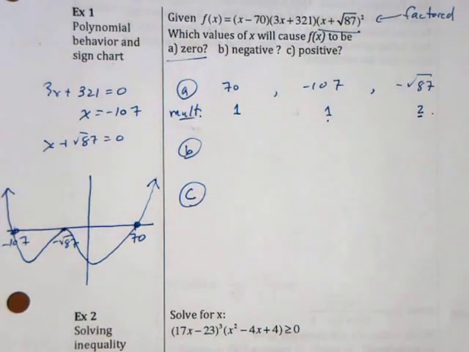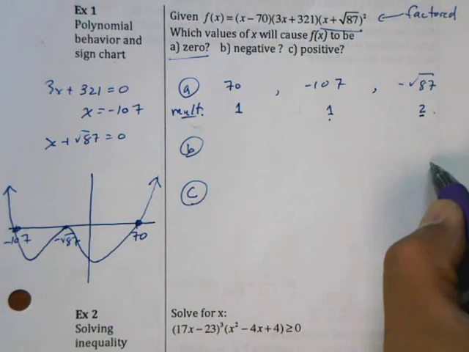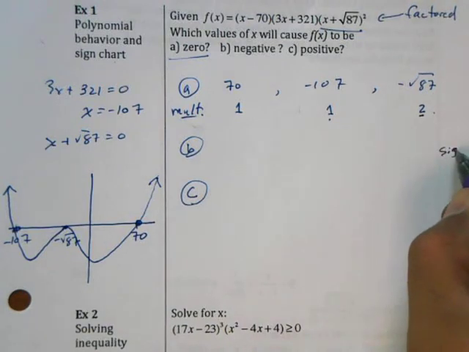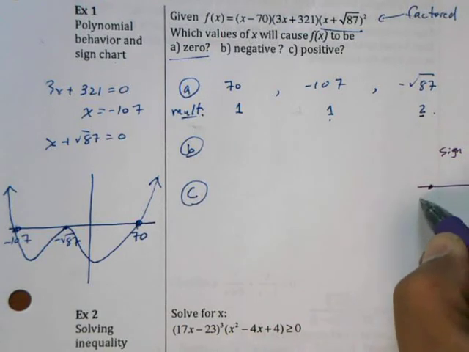I'm going to use what's called a sign chart. So you can see here, I'll make the sign chart out here, and there's really no definition for it. Showing you is probably better than telling you at this point.